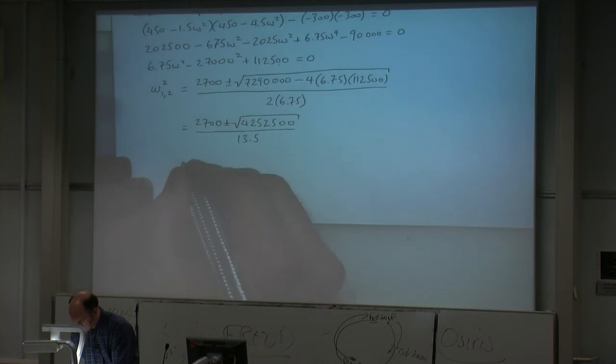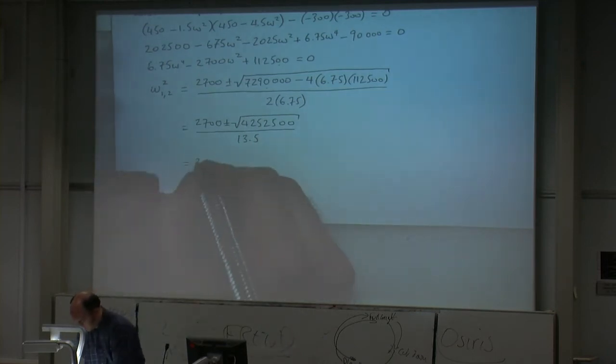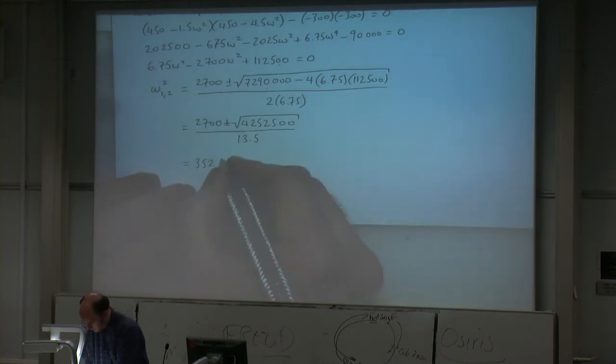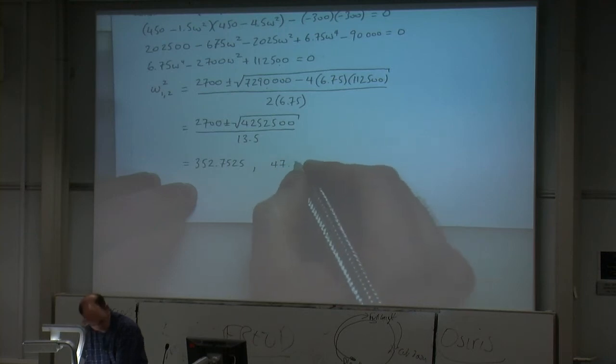So we plug the numbers into the calculator and we get two values. We get 352.7525, or we get 47.2475.